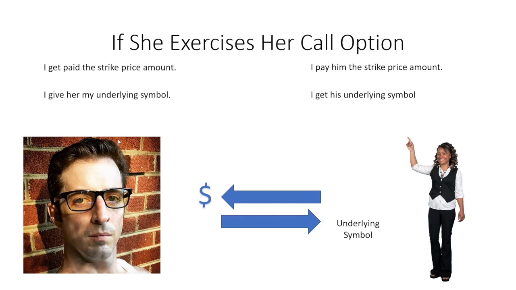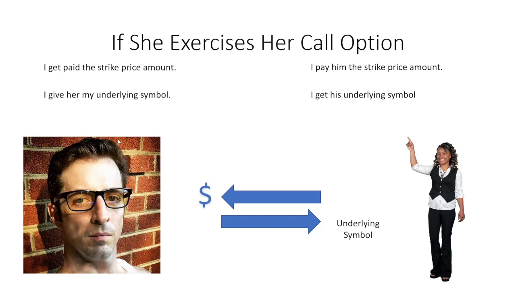Now, the question then is, what do I have to do to make sure I have this call option covered? I have to own the stock. That's the typical way. It's not the only way. But if I own the stock, I'm covered when I sell a call option.